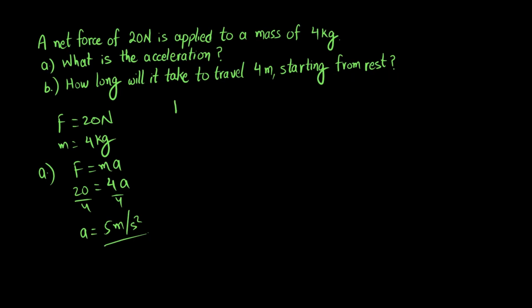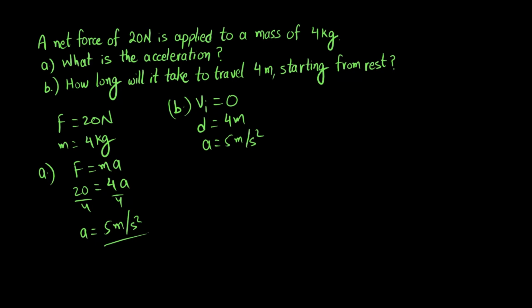Now for the second part, how long will it take to travel 4 meters starting from rest? So starting from rest tells you that the initial velocity is 0 and it's traveling 4 meters, so the displacement is 4 meters. We know the acceleration, it's 5 meters per second square.